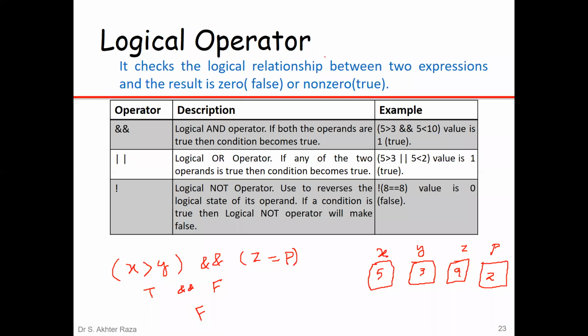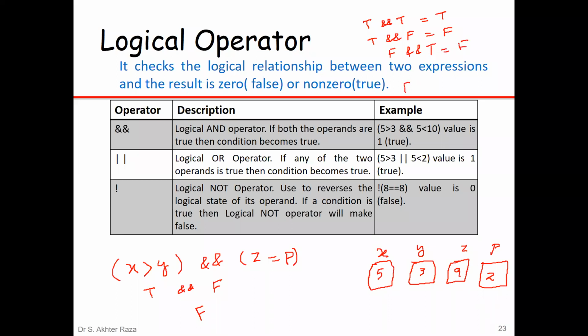So the and condition will do what? True and true is true. Only then is it true. Otherwise, all are false. True and false is false. False and true is false.